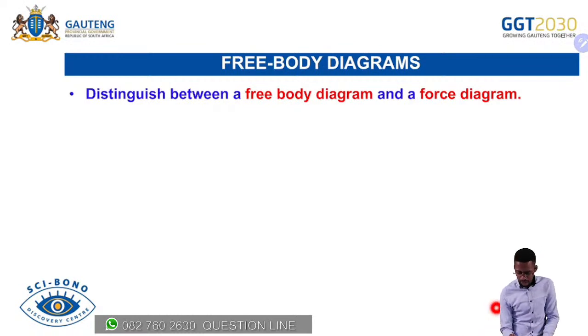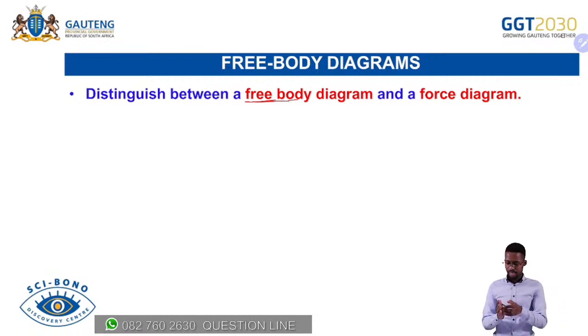When we talk about a free body, there is no body. We represent the object by a dot. That is a free body diagram. And then for the force diagram, you'll have a block. So that is the main difference between a free body diagram and a force diagram.